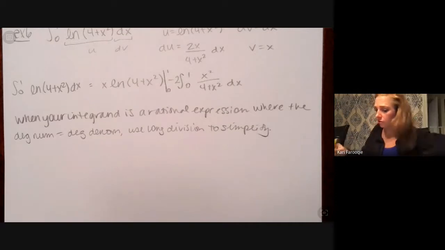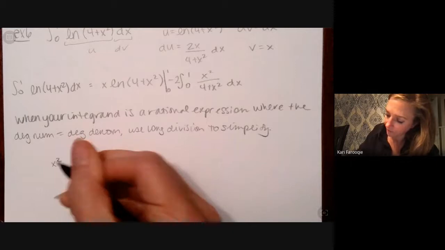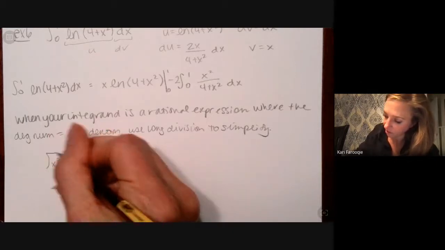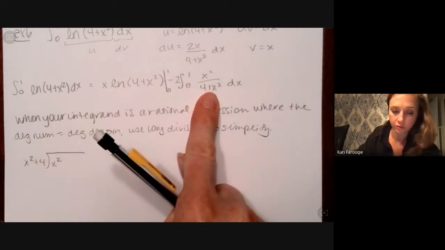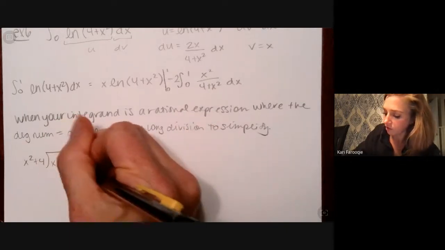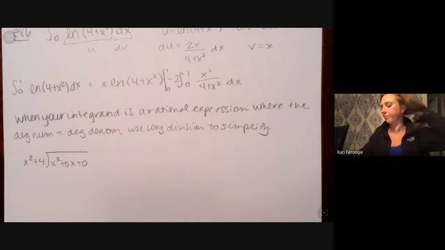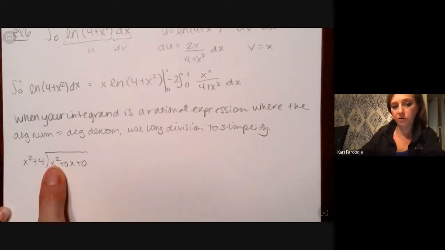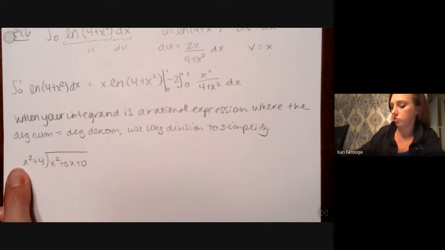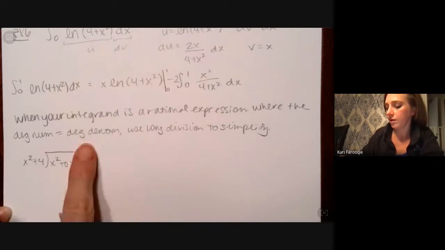If you don't remember long division, I'm going to remind you right now. We're taking x squared and dividing it by 4 plus x squared. If you want to write that as x squared plus 4, that's probably for the best. And then you have 0 x's and 0 constants in your dividend. For long division, you take the first term in your dividend and divide it by the first term in your divisor. x squared divided by x squared is 1. I like to line the constants up.